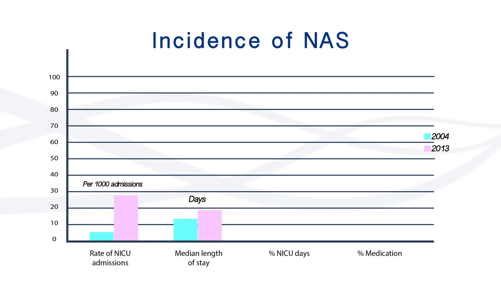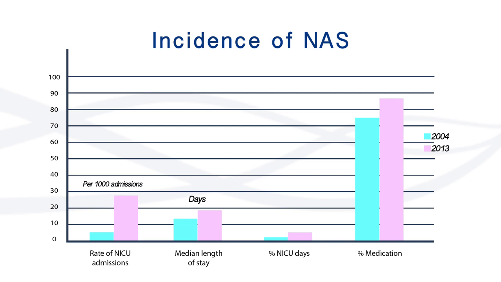The other important aspect of this is that the length of time in the neonatal ICU has increased from about 12 days in 2004 to almost 20 days in 2013. The percent of NICU days attributed to NAS also has significantly increased, and the percentage of infants with NAS who have required medication also has increased.